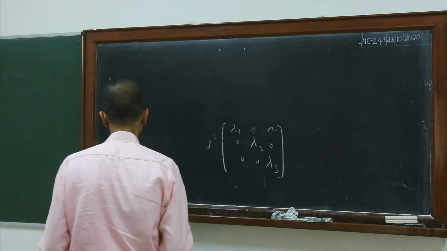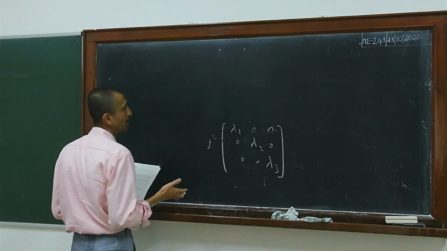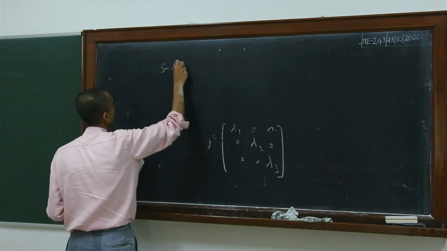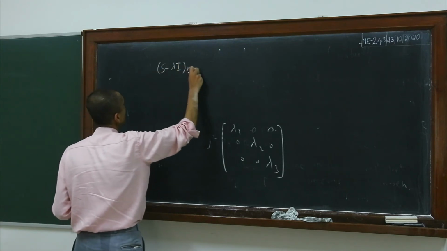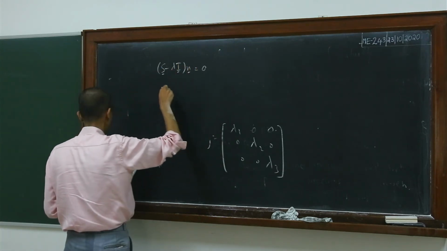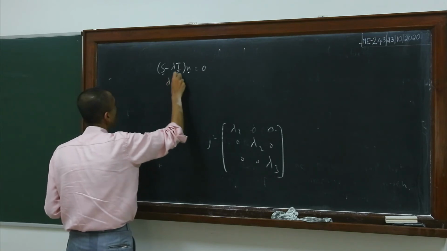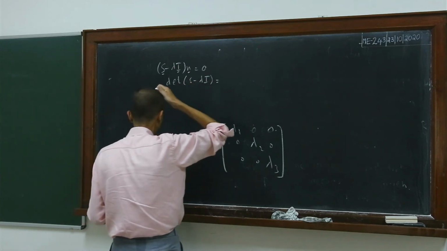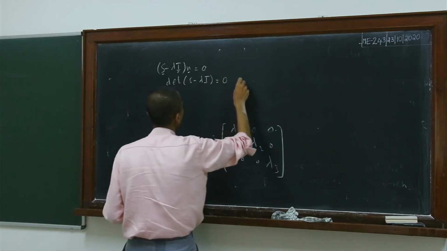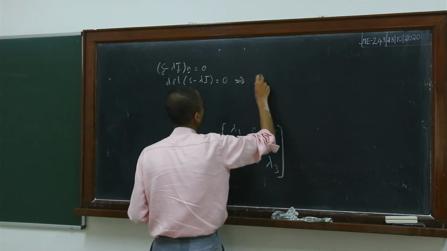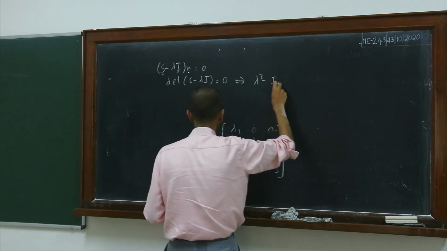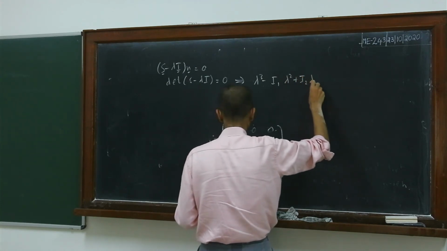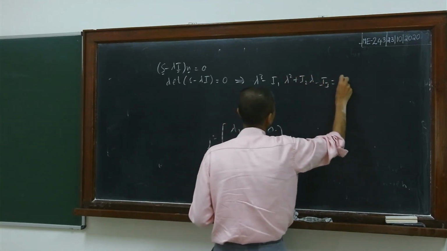First of all, the fact that there are only 3 eigenvalues is obvious, because we can write (S minus lambda I) times n equal to 0 as the eigenvalue problem. So we have that the determinant of S minus lambda I is equal to 0. From this you will get lambda cubed minus I1 lambda squared plus I2 lambda minus I3 equal to 0.